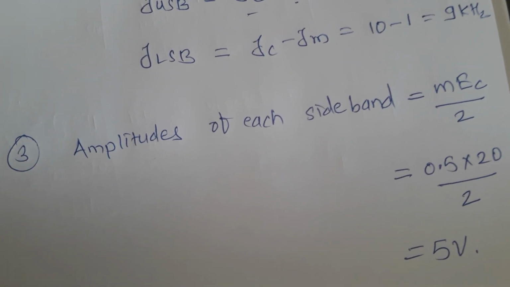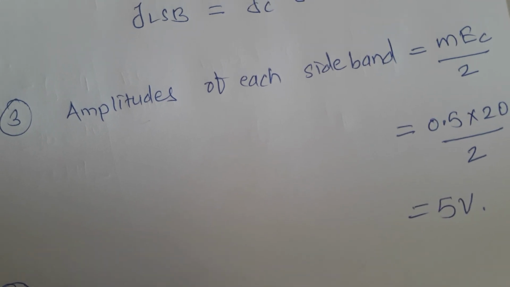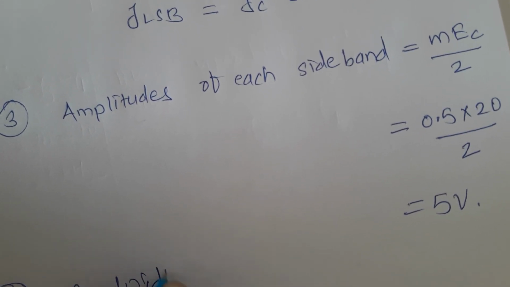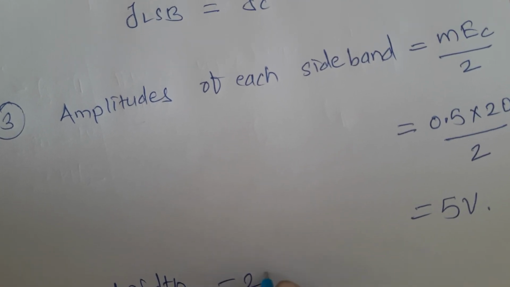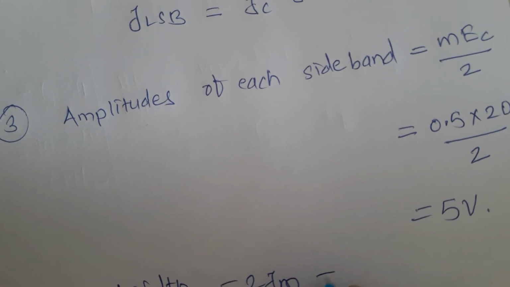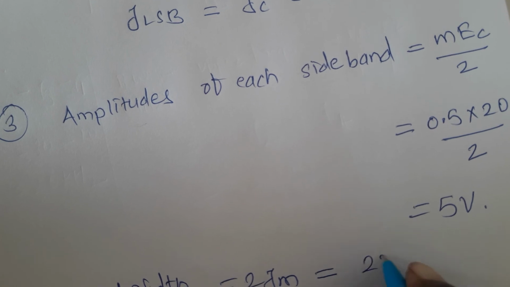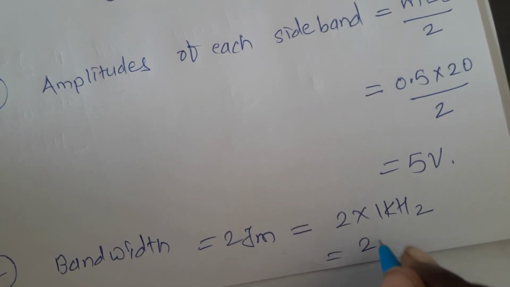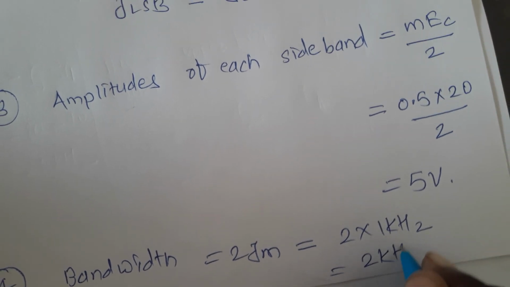Similarly, our fourth point is to calculate bandwidth. So bandwidth is equal to twice FM, which becomes 2 into 1 kilohertz, that is 2 kilohertz.